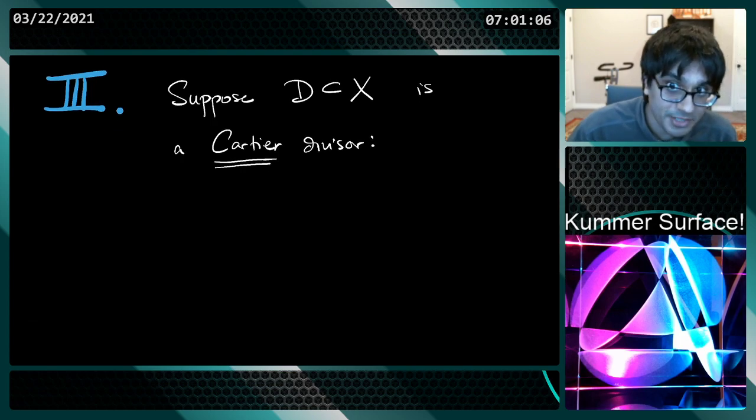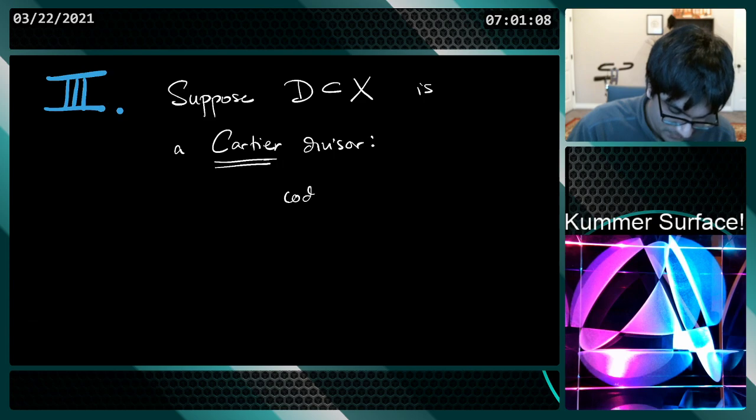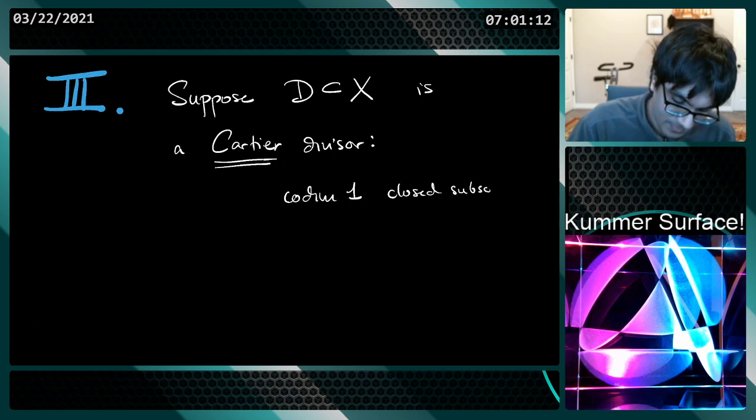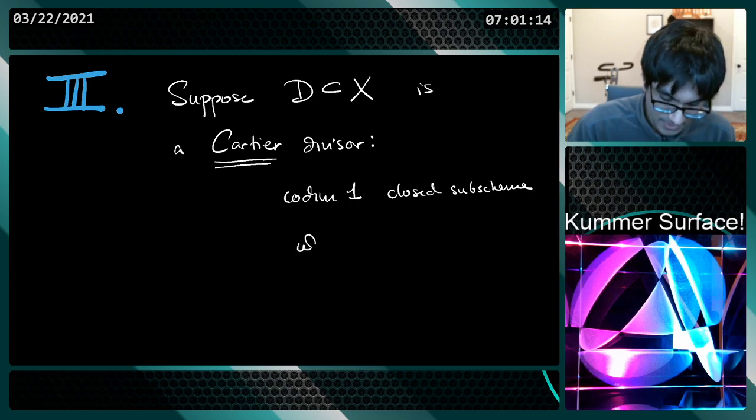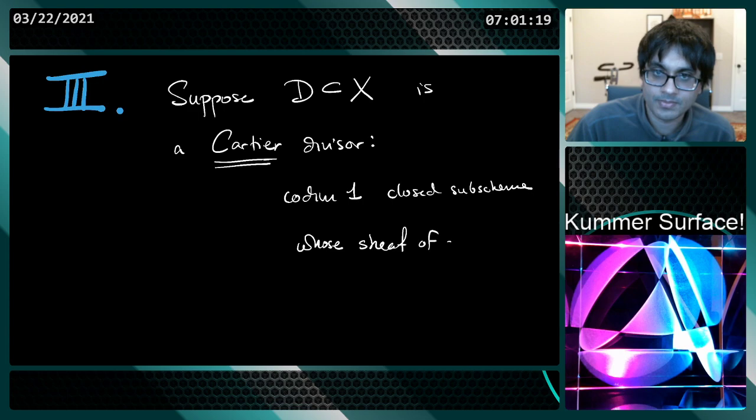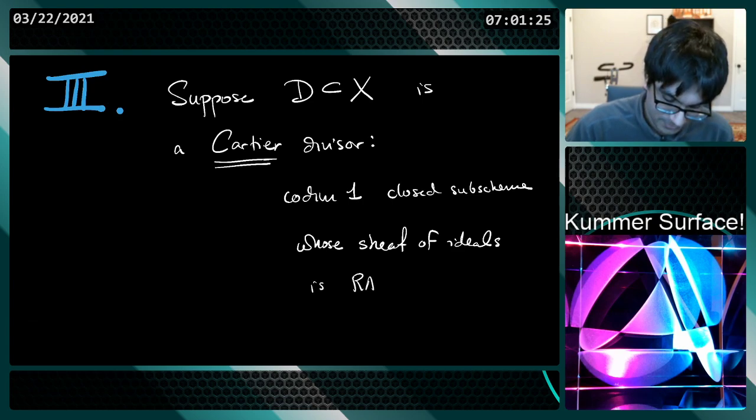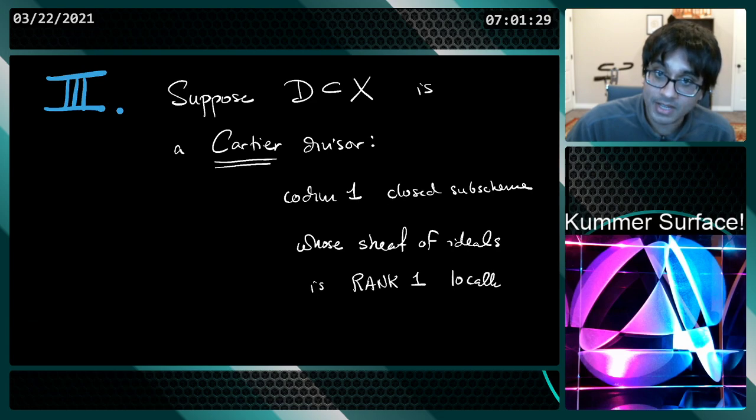This means a codimension 1 subscheme whose sheaf of ideals is rank 1 locally free. Let me say that in a very simple way.